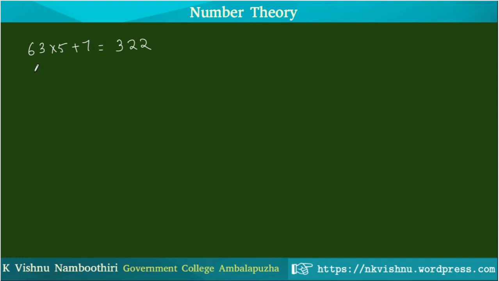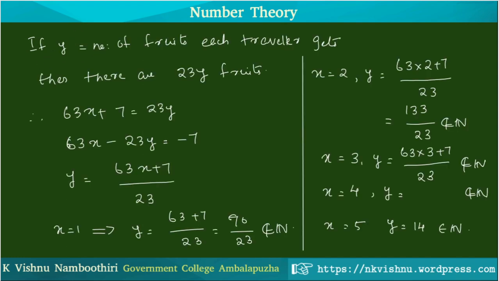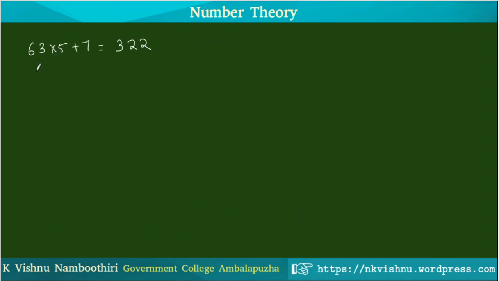Now what is the next number? 23 into 14. So 23 into 10 is 230, 4 into 23 is 92, 230 plus 92 is 322. Therefore, these two are equal.